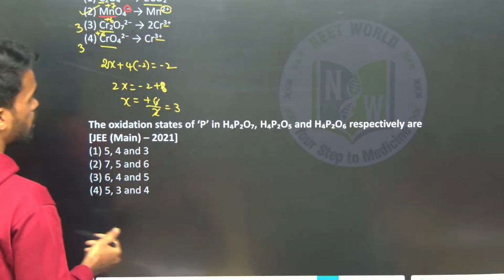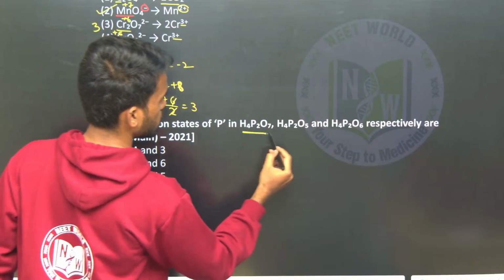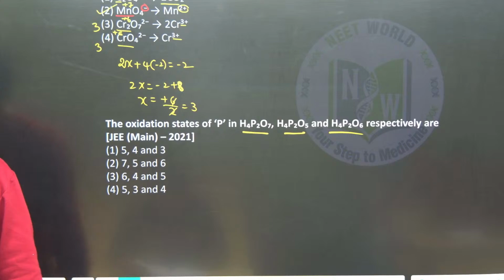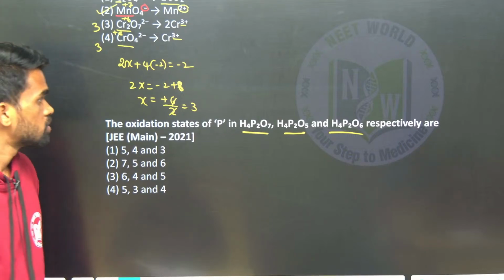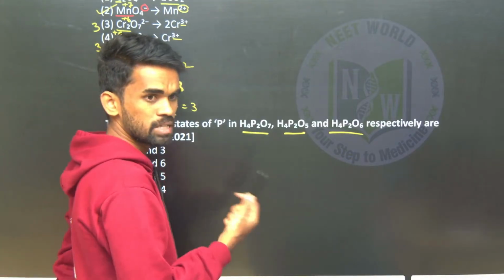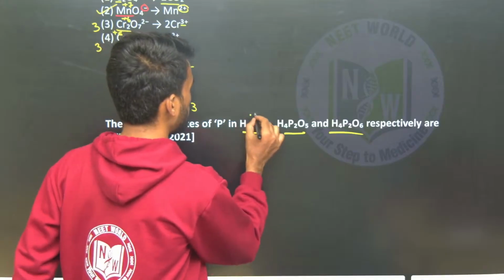Oxidation states of phosphorus in these oxo acids. 7 means 14, 14 minus 4 means 10, divide by 2, so it will be +5.